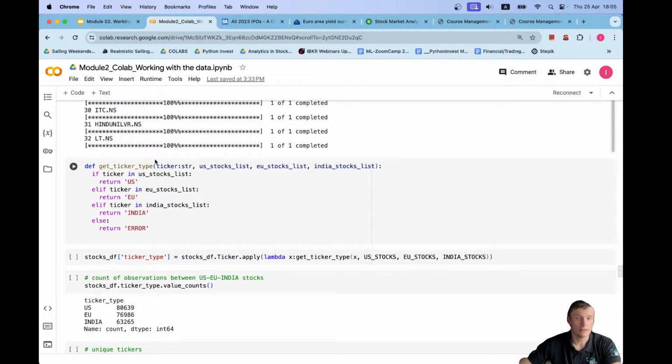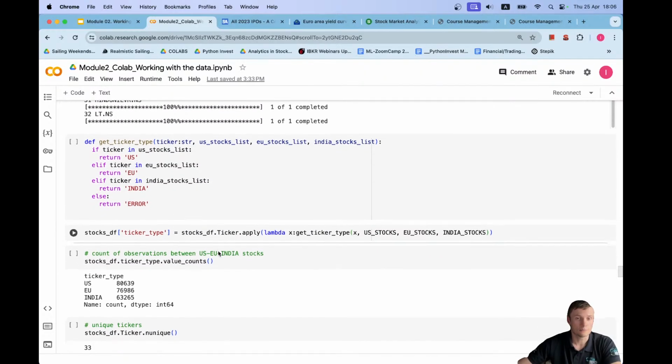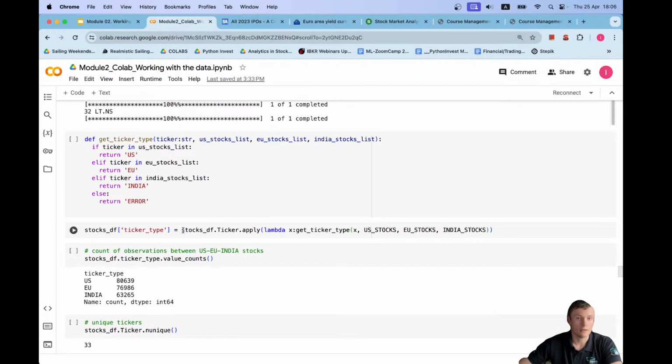When I see this input, I just want to return the type of a stock, and that's how we apply this function to the field called ticker. And here is a function that sends the ticker value into the get ticker type function and defines the new column.